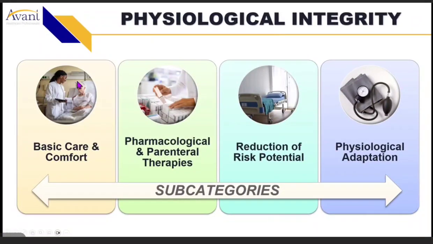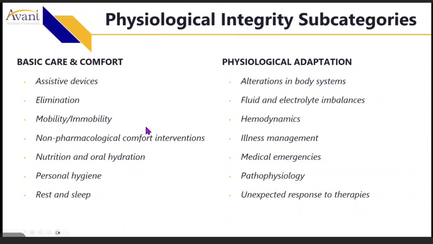But today we're going to focus on physiological integrity topics, specifically the physiological adaptation and basic care and comfort. So basic care and comfort covers assistive devices, elimination, mobility and immobility, non-pharmacological comfort interventions, nutrition and oral hydration, personal hygiene, rest and sleep.